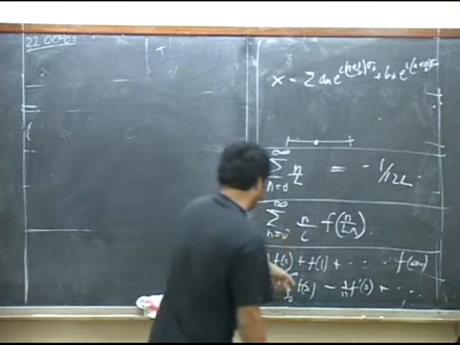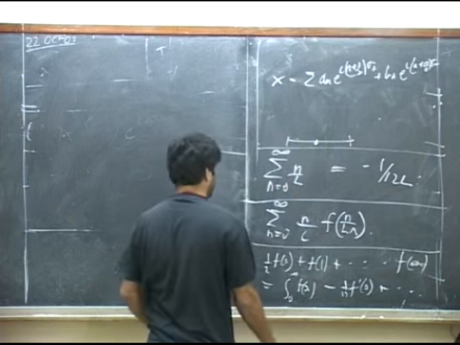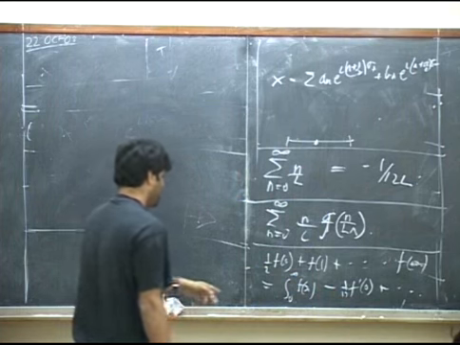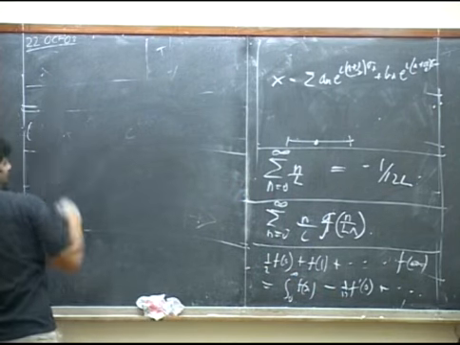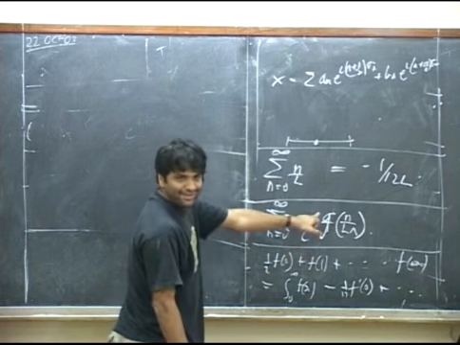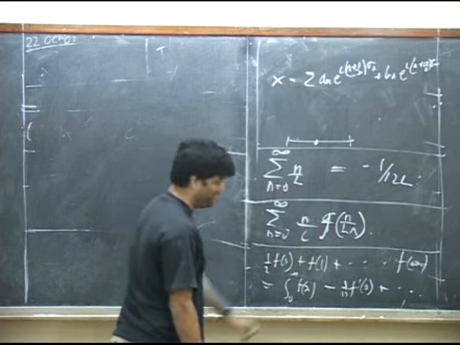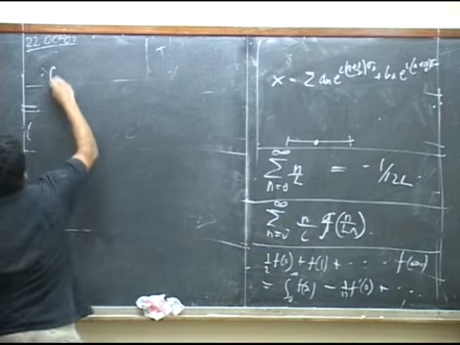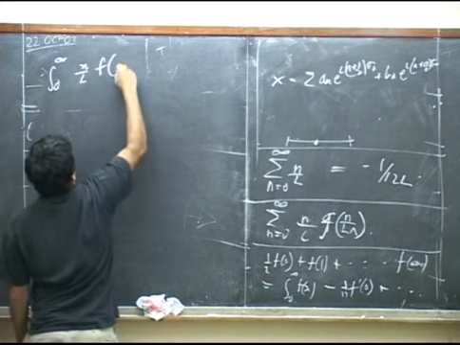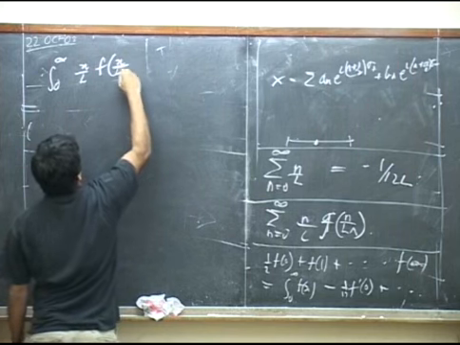We then put in what our f was. Let's call this g of x. The factor of half didn't matter because f of 0 was 0. So we got the integral from 0 to infinity of x by L times f of x by L lambda.